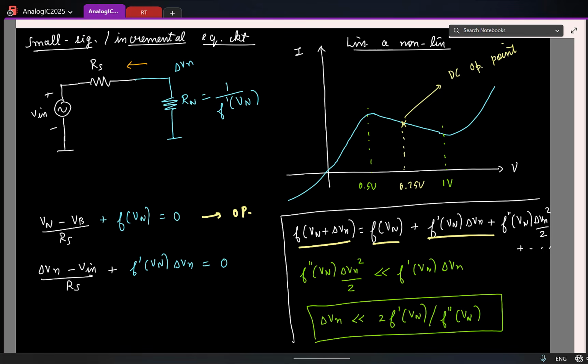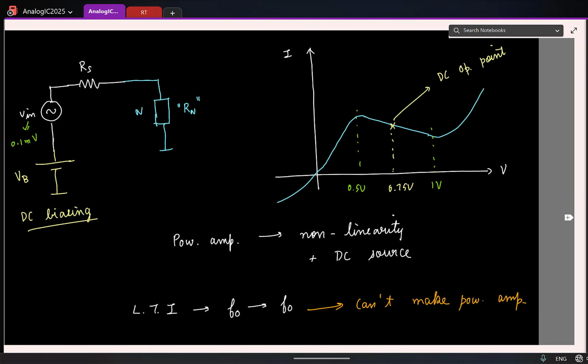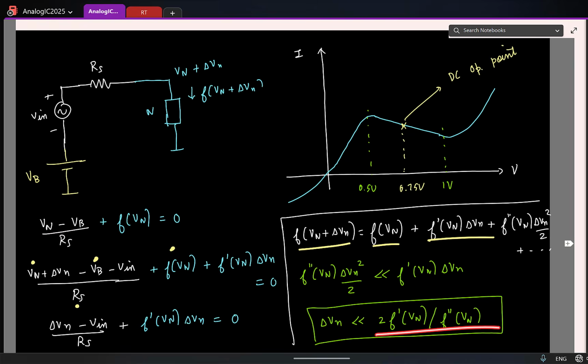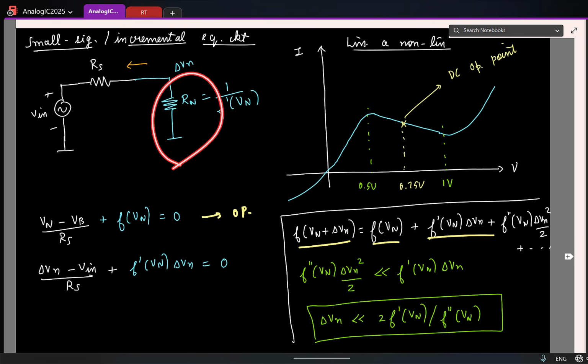And then for small changes in Vn, you assume that the DC sources are not there, that is, they are made zero. So in my original circuit, I am shorting this. I'll only find the contribution due to the small signals, and as long as my signals are smaller than whatever limit we have for the device, then the nonlinear device can be replaced by a linear device, which in this case is essentially a resistor.